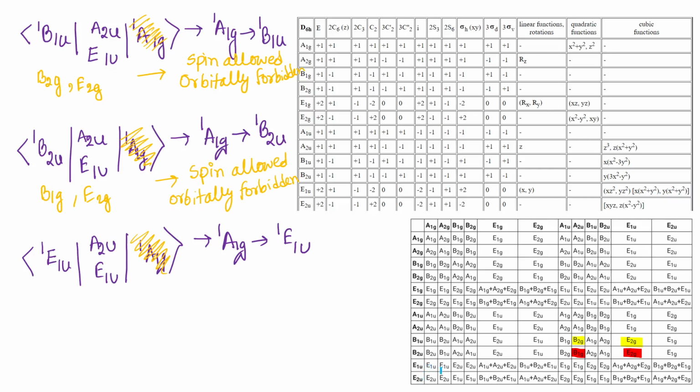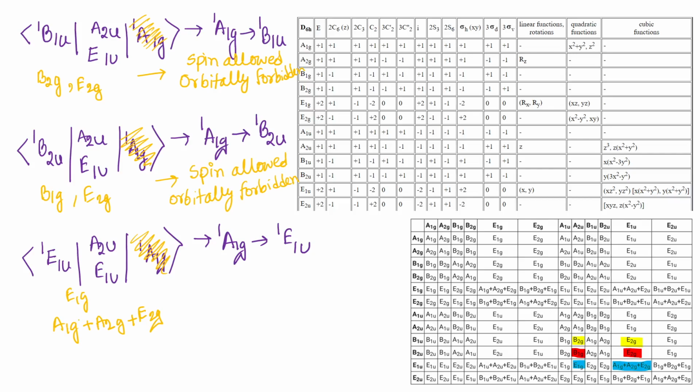Now E1u, again I am not bothered about A1g. E1u and A2u give E1g, and E1u with E1u gives a sum that contains A1g, plus A2g plus E2g.